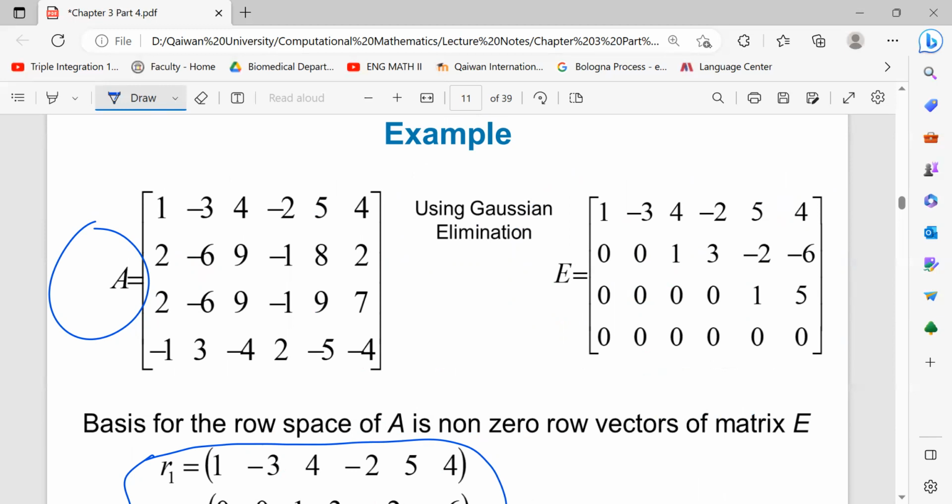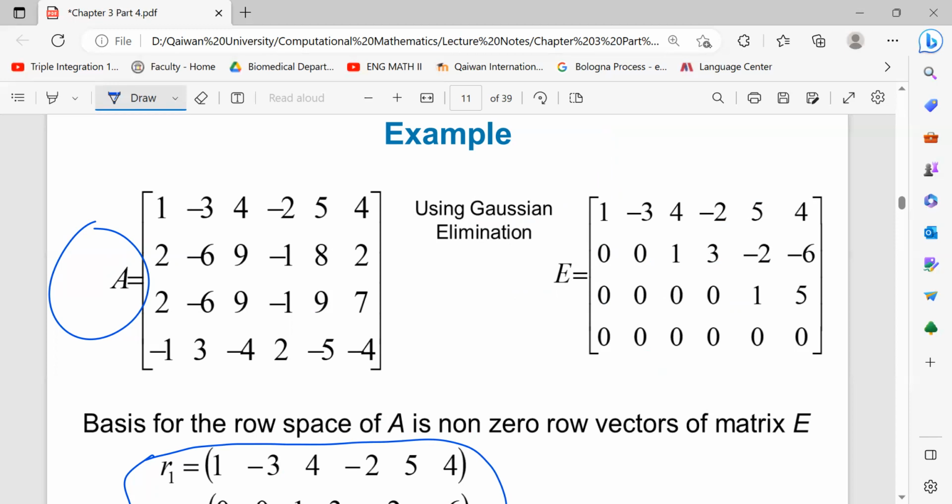We choose those columns which include the first non-zero entry in these rows, okay? Which ones? Before we choose the columns, what do we do?